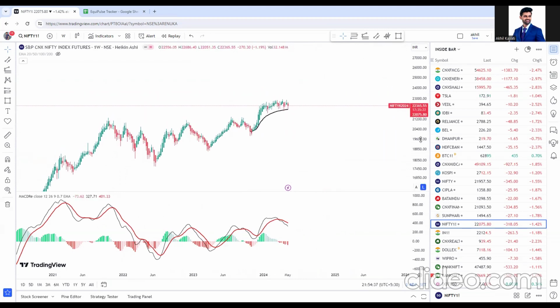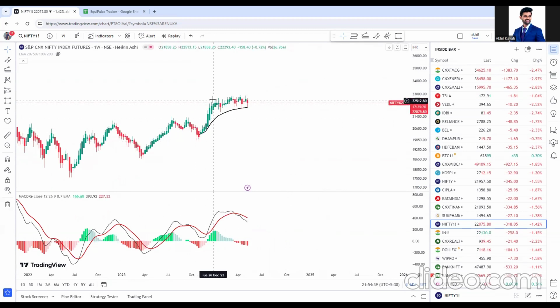Now the question here is, did we end stage three, or is it stage one of the massive stage three? Because again, going back to the theory, generally stage threes are the largest waves in a pattern. They're so large that you make the most amount of money during that phase.